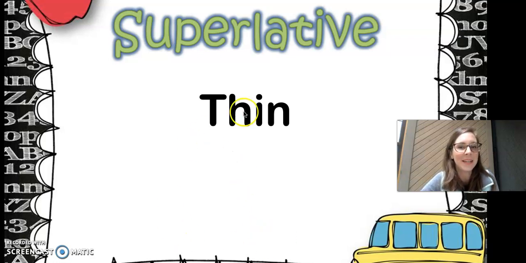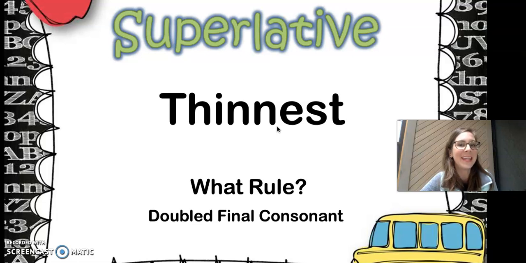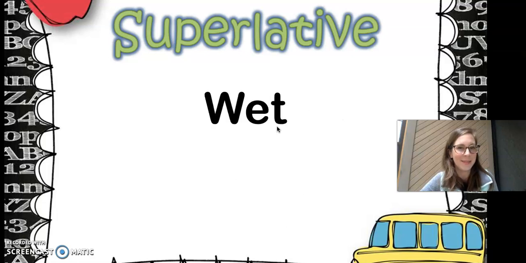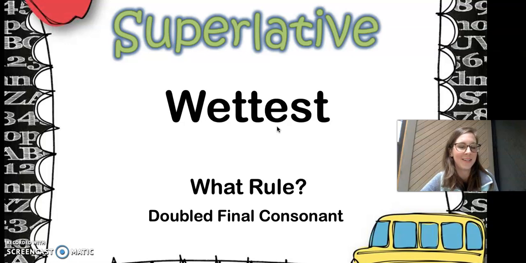Now you see we have a short vowel and just one consonant, so let's do the rule of doubling that final consonant to thinnest. How about this one? Wet. You see the short vowel and only one consonant, so we need to double that final consonant to wettest.